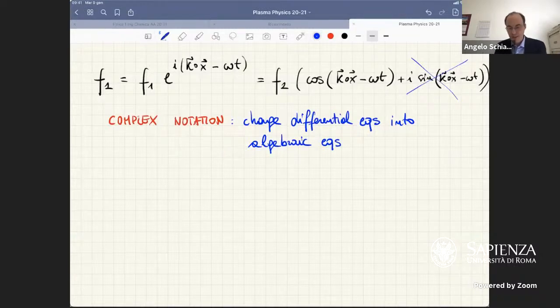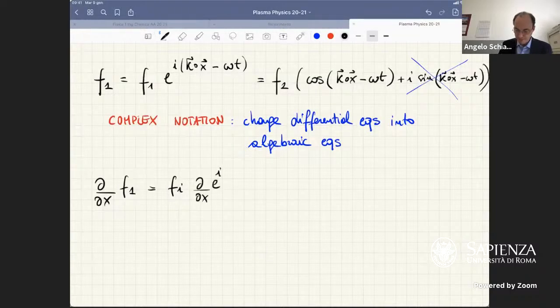So let's see what this means. Suppose you want to compute the d over dx of our f1. We take the partial derivative with respect to x of the exponential factor, which represents a plane wave in 3D space.